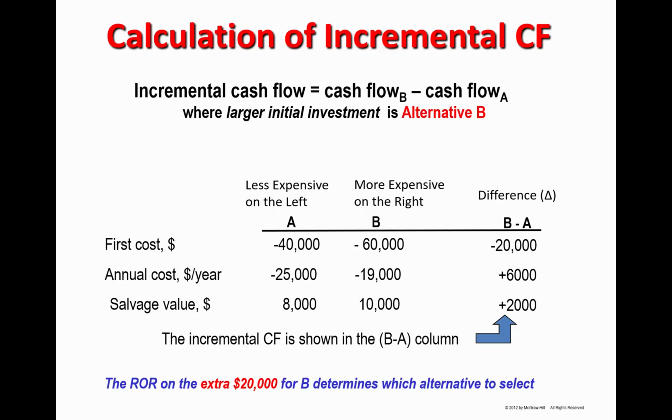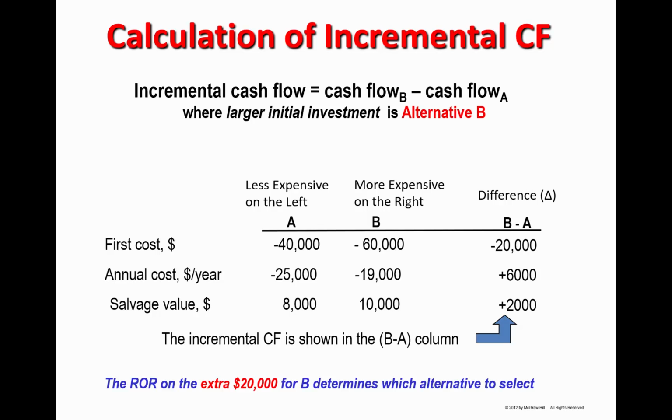For example, when it comes to a car, you may have one vehicle that's relatively more expensive, but you expect it may have a lower operating cost. So should you pay a little extra for the Toyota, or should you spend a little bit less for the Chevy? And the way to answer that question is you analyze the rate of return on the increment.